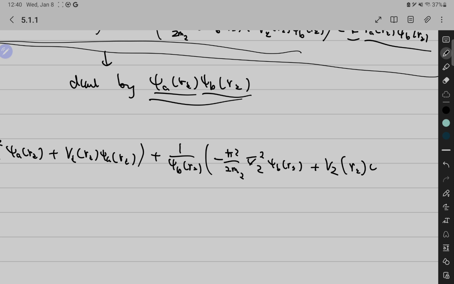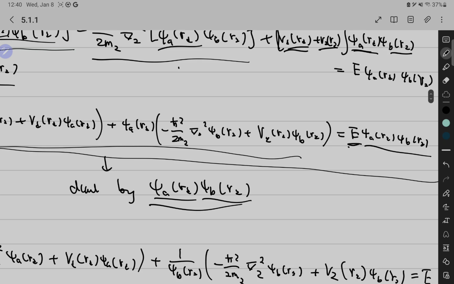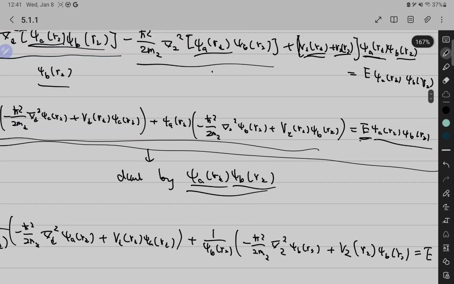R2 phi B R2 is going to be equal to E, right? Because we have isolated E by dividing the left equation by phi A R1 and phi B R2.